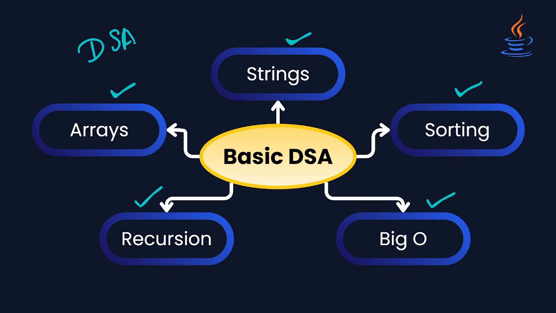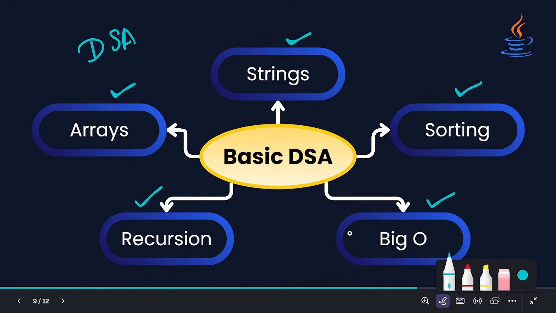You don't need to solve 500 DSA problems or anything like that. Even 40 to 50 good problems are enough for most freshers. For most fresher roles, the topics covered here are more than enough.